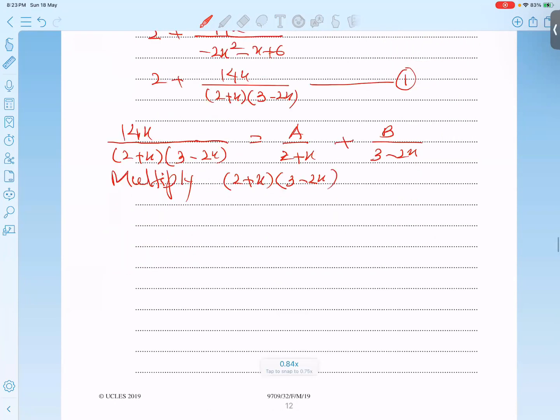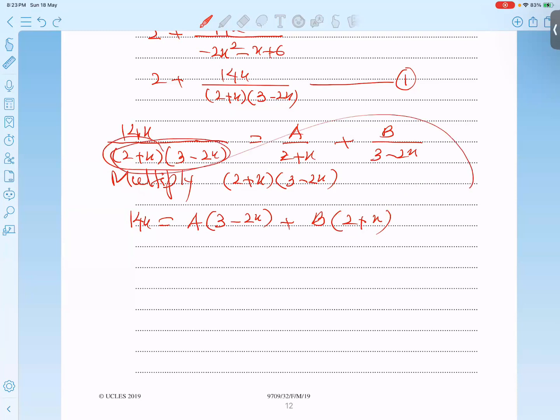So when I multiply with this, it completely cancels with that, and I get 14x. When I multiply with this, this will cancel out, and I get A times (3 minus 2x). With B I got this one. So first I will plug in this equal to 0. Actually, we have two denominators, two factors.